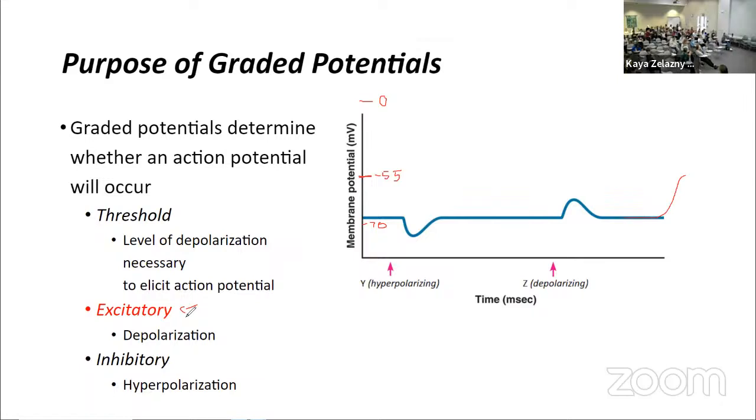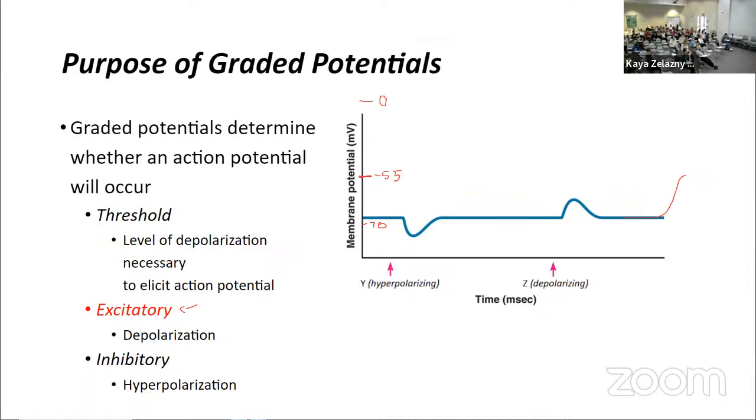Excitatory, like we're making the neuron excited, it's getting ready to fire off an action potential. A cell is excited if it does something. So with those depolarizations, we're getting a slightly less negative membrane potential, which makes it more likely that our neuron will do something. Excitatory and depolarization go hand in hand.